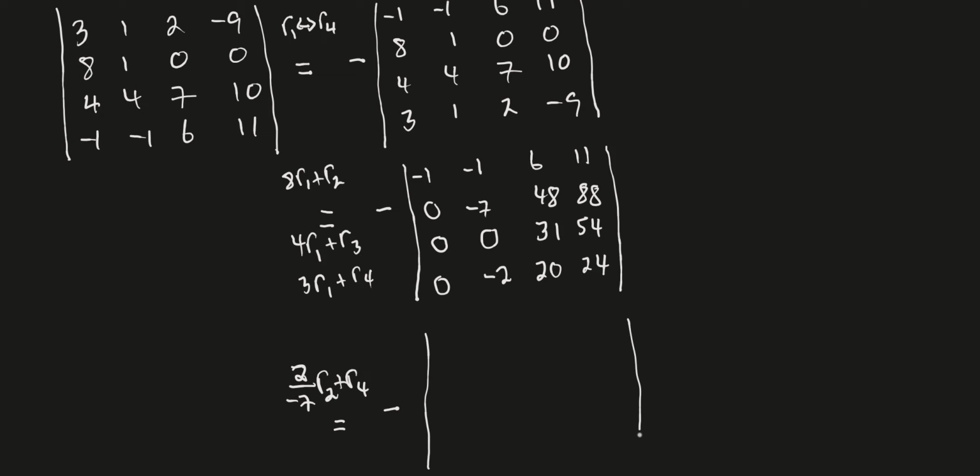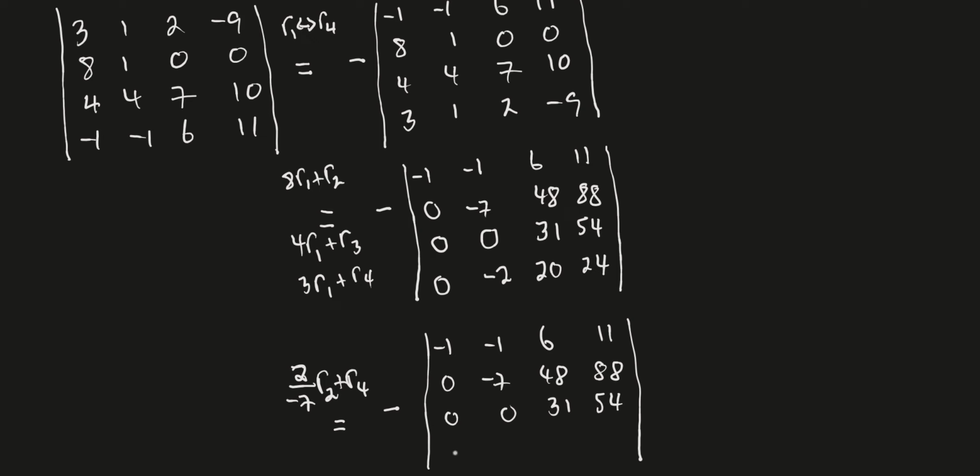and let's write down the result. So we know the first 3 rows will not change, right? So -1, 6, 11, 0, -7, 48, 88, 0, 0, 31, 54.